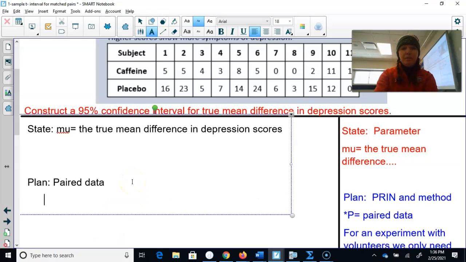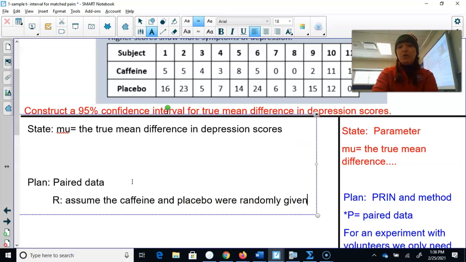R, randomization. This is an experiment. Experiments have volunteers, so it wasn't like their names were randomly pulled out of a hat. But what we can assume, if this had more context to the problem, is that the caffeine and placebo were randomly given, so you don't know what you had first.